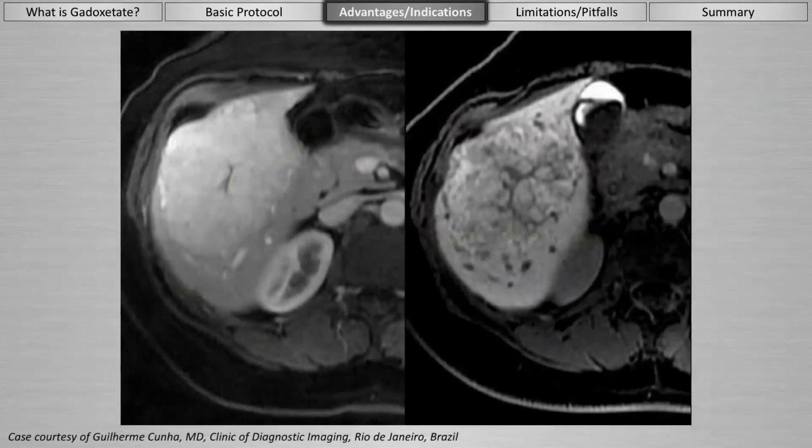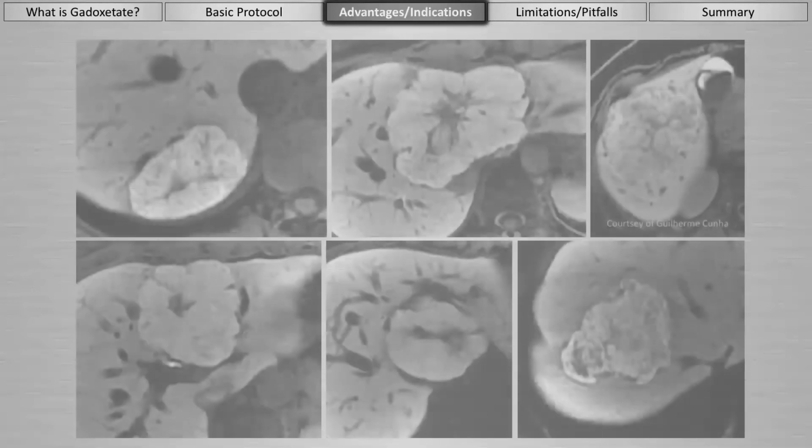So it's good to know the internal architecture of FNHs with EOB. This is an FNH with an extracellular agent. This is an FNH with EOB. And notice this internal architecture. The FNH is a large nodule that's divided into smaller nodules by a central scar and a radiating network of fibrotic scars. And if you memorize that internal architecture, then that's another thing that can help you in the distinction.